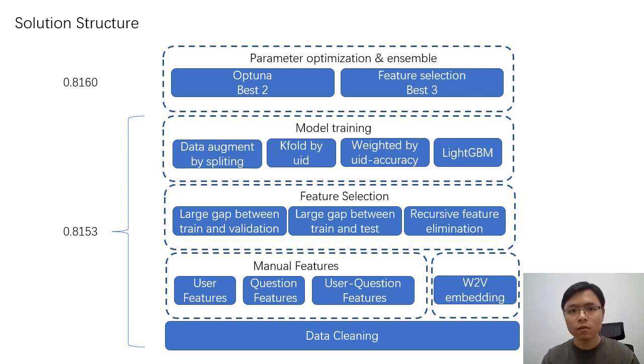So the whole data set was used to train and receive the best single GBM model with a score of 0.8153 on the public leaderboard, and after ensemble, it can reach a score of 0.816.